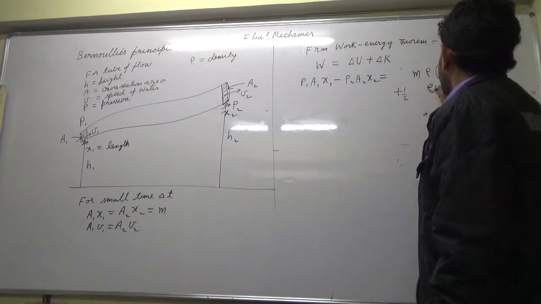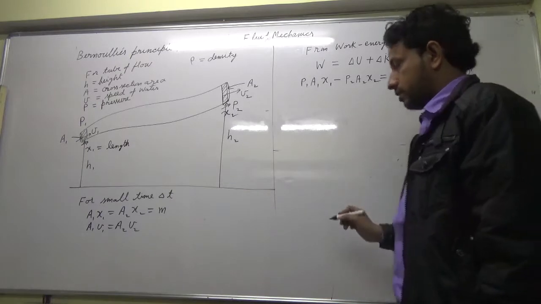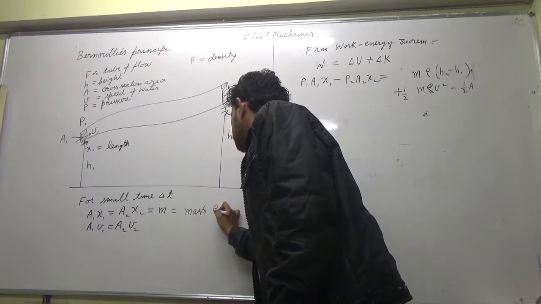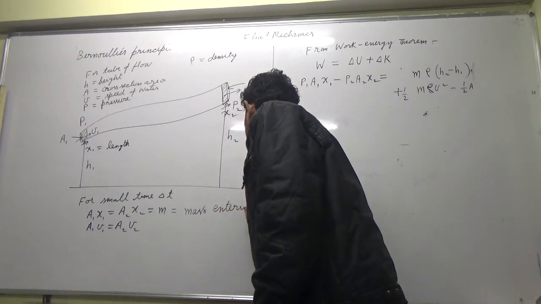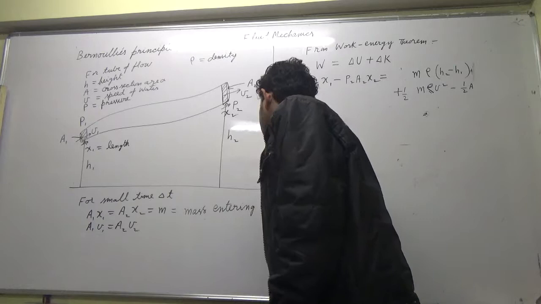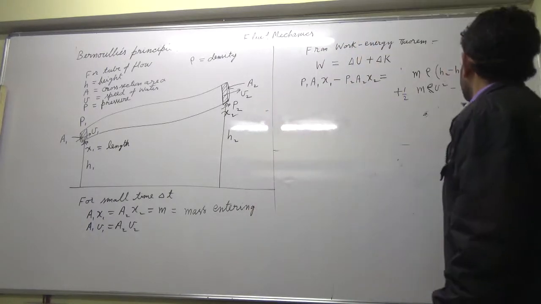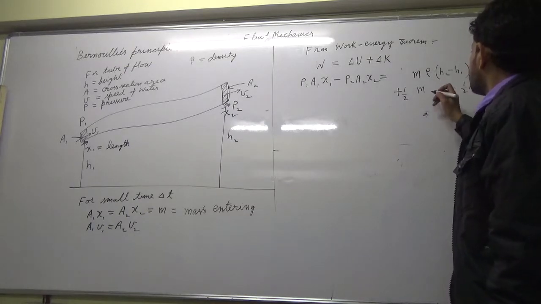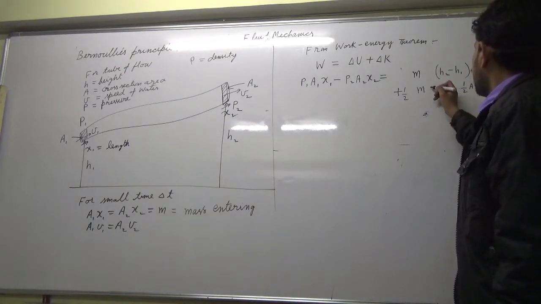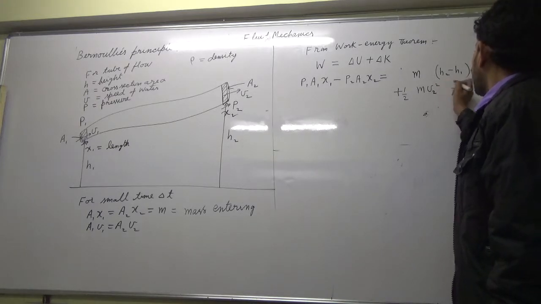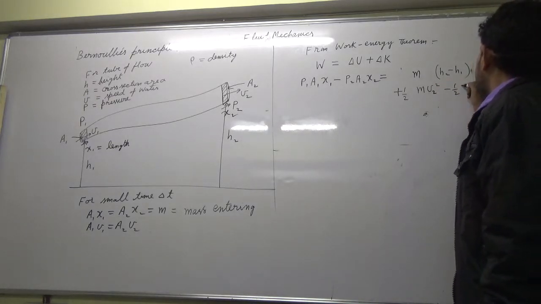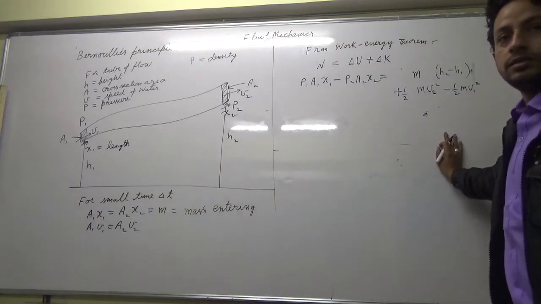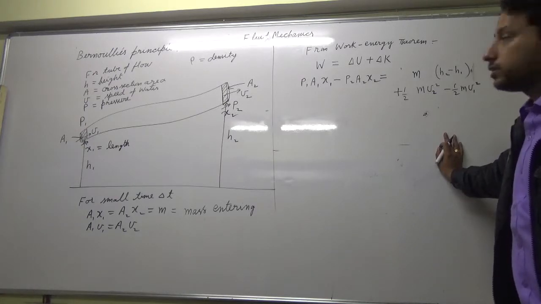That mass which is entering from the one side, mass entering in this small time dt, and m v2 square minus m v1 square. Can we write like this? Okay, we can write it.